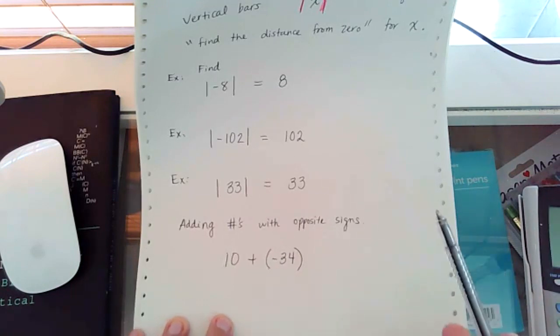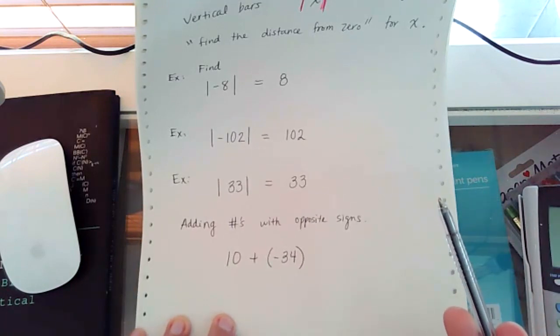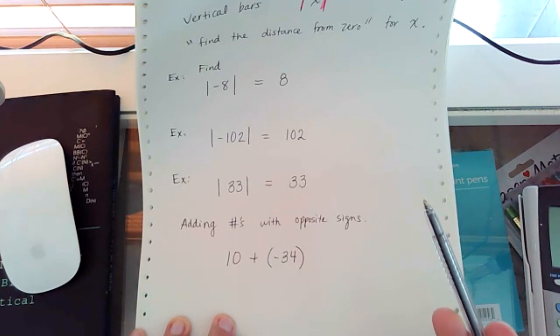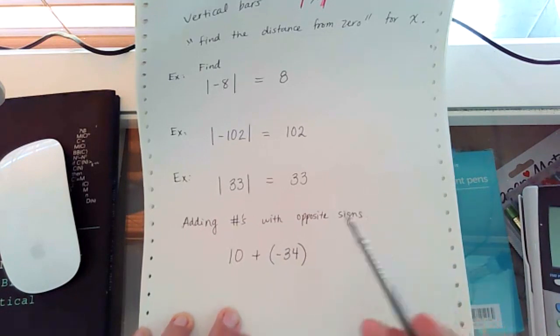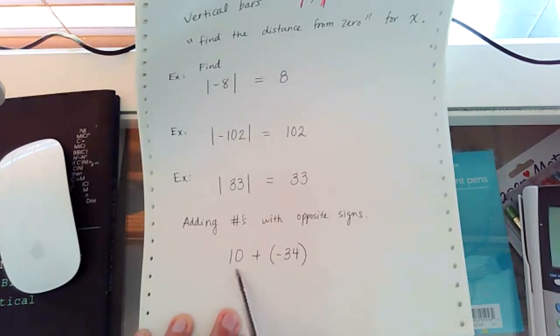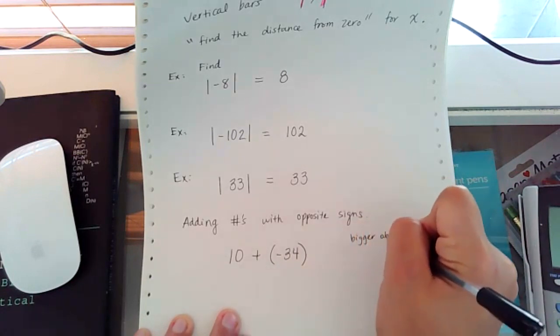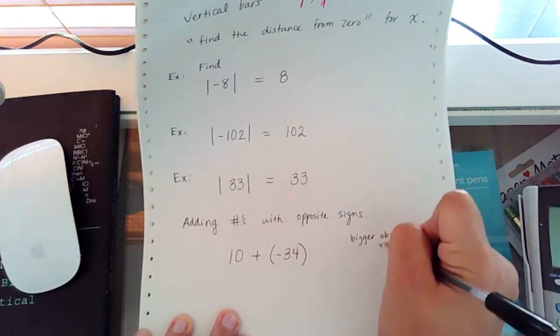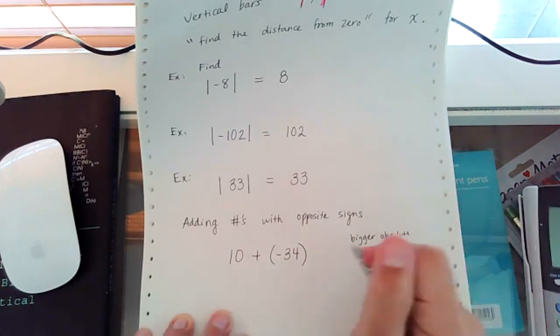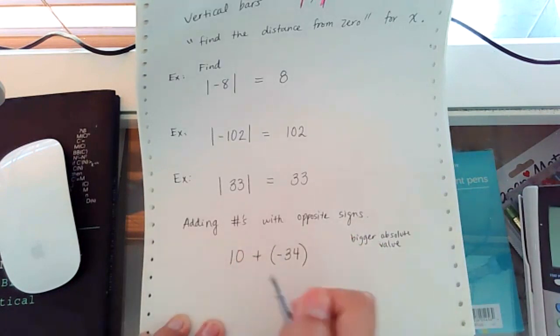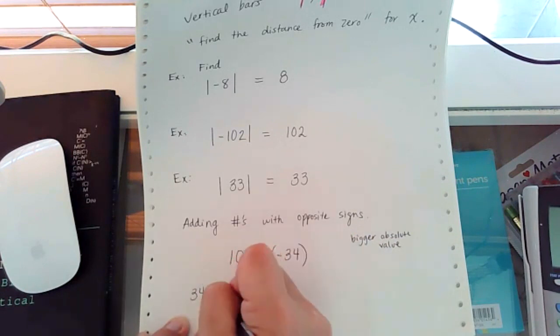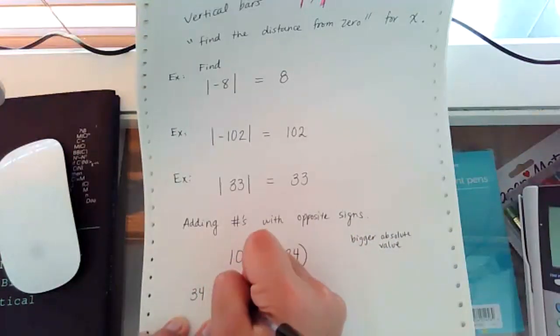But sometimes math teachers teach adding numbers that have different signs with this idea of absolute value. If you're adding numbers with different signs, you're always going to look at their absolute values and ask yourself which one has a bigger absolute value. You're going to take the number that has a bigger absolute value, which is 34, and because they're opposite signs, we're just going to subtract the other number, 10.